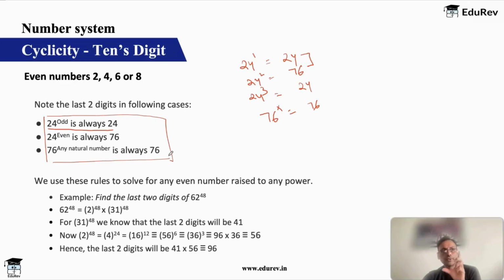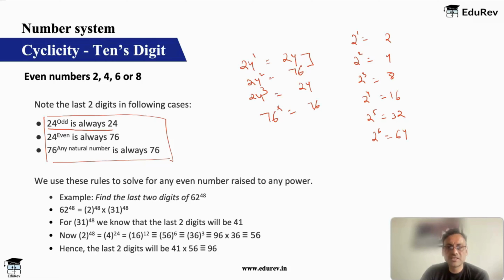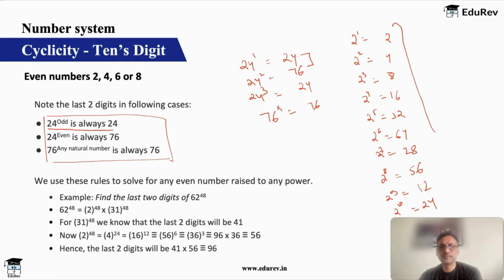Also it will be useful to remember the powers of 2. 2 to the power 1 is 2, 2 square is obviously 4, 2 cube is 8, 2 to the power 4 is 16, 2 to the power 5 is 32, 2 to the power 6 is 64, 2 to the power 7 is, and I'm only writing the last 2 digits, 28, 2 to the power 8 is, now just multiply 28 into 2, 56, 2 to the power 9 is 56 into 2, 112, so 12, and 2 to the power 10 is 1024, so 24. So if you remember till here, that will be useful.